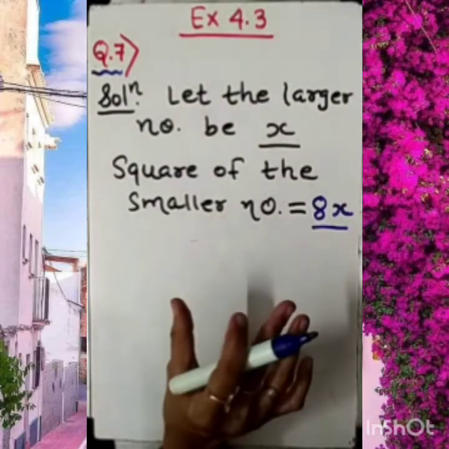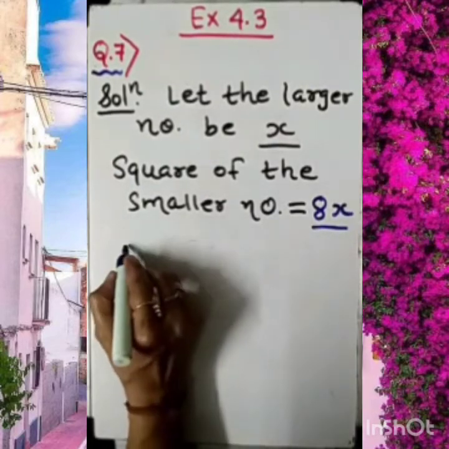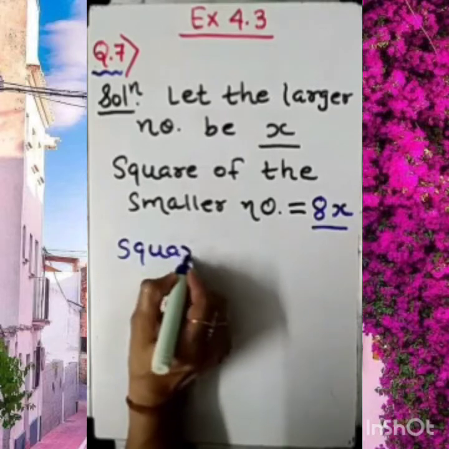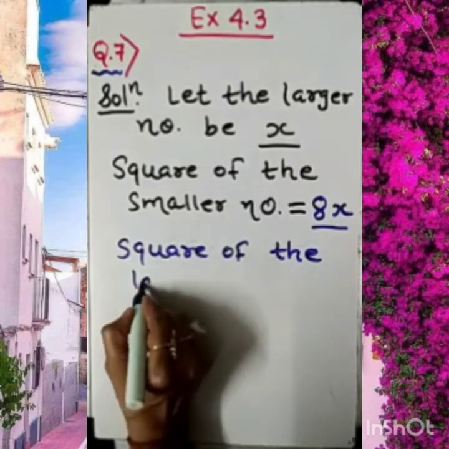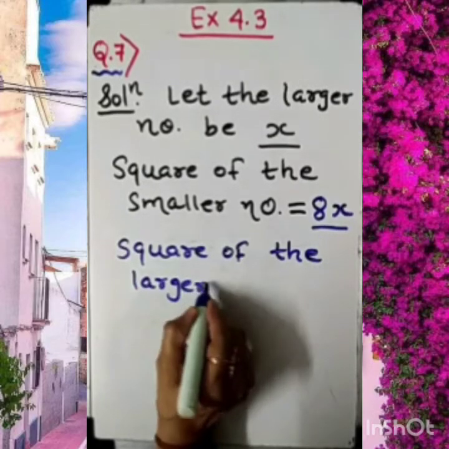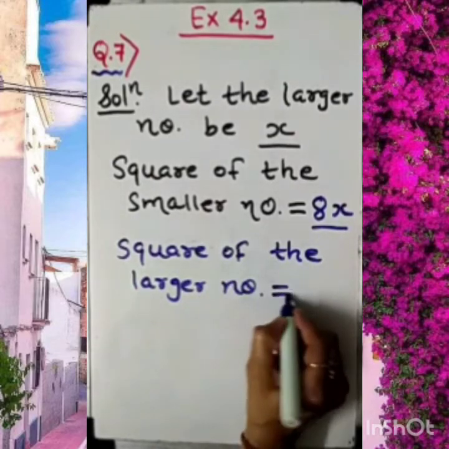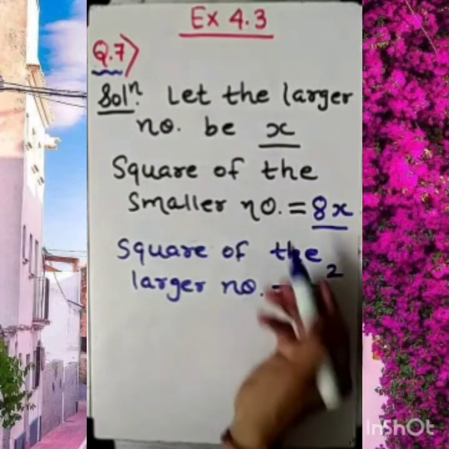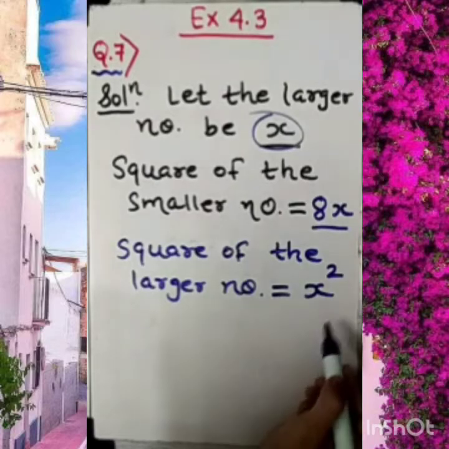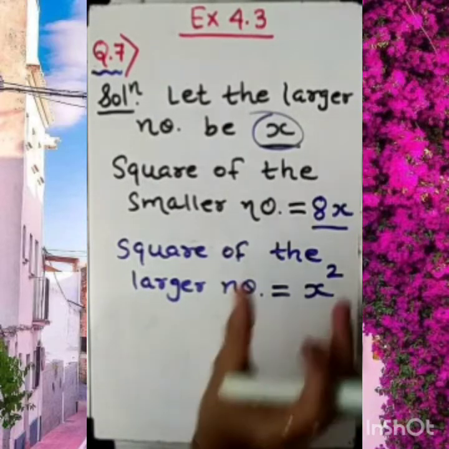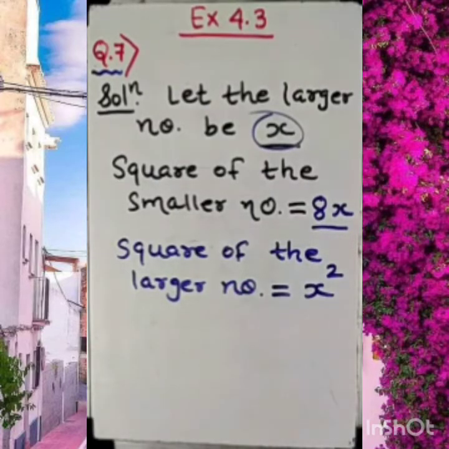So my dear student, if I ask you the square of the larger number, then what will it be? The square of the larger number will be x square, because x is the number. Now in the very first line, they have given the difference of the squares of two numbers.